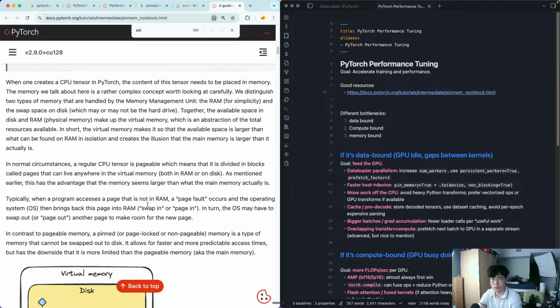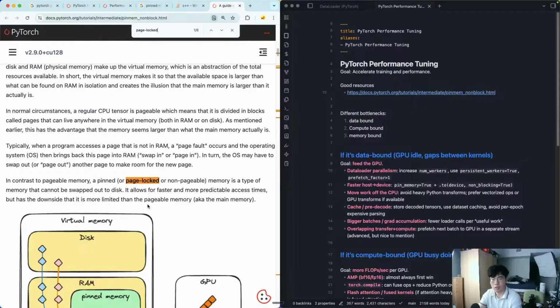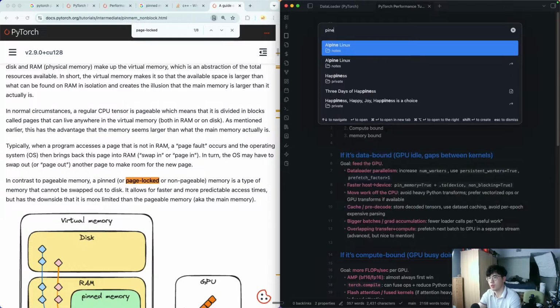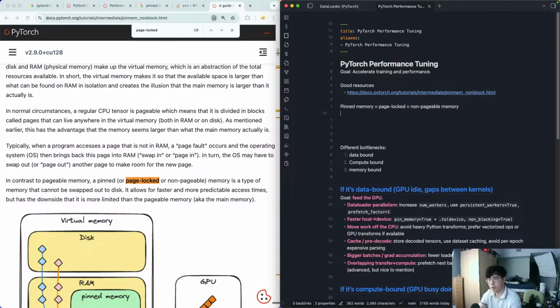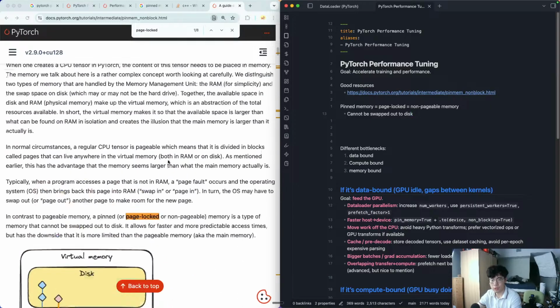I don't know what page locked means. So pin memory is equal to page lock. So we don't allow the computer to swap it out onto disk because your RAM is full.